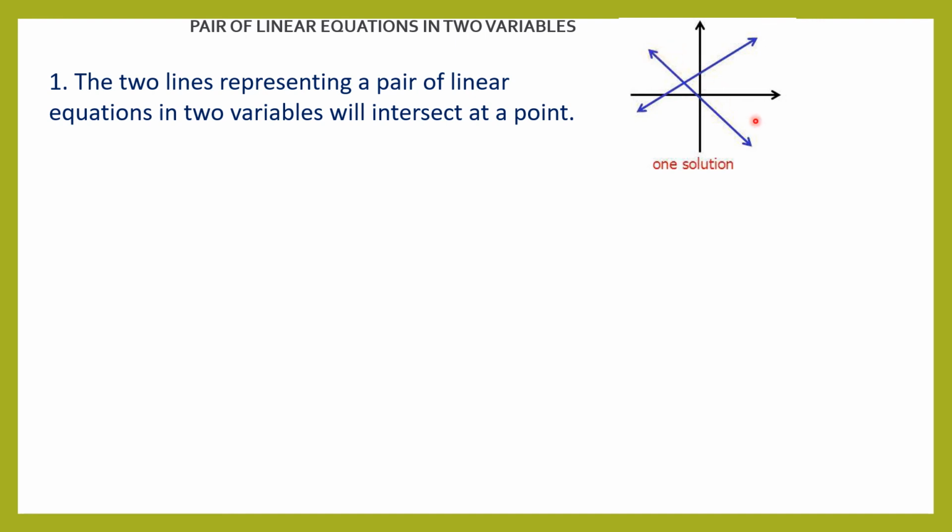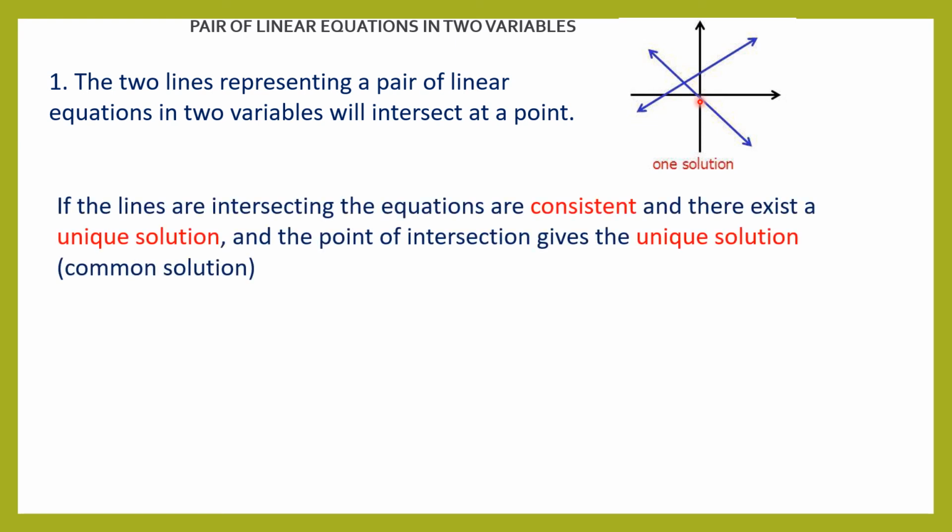These two intersect at one common point, only one solution. This is a consistent system. If the lines are intersecting, the equations are consistent and there exists a unique solution, meaning one solution, and the point of intersection gives the unique or common solution.